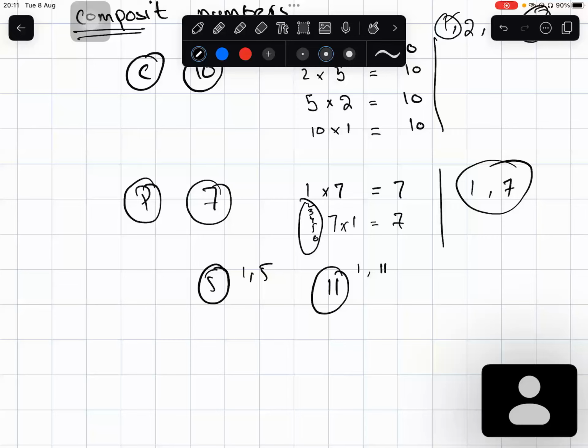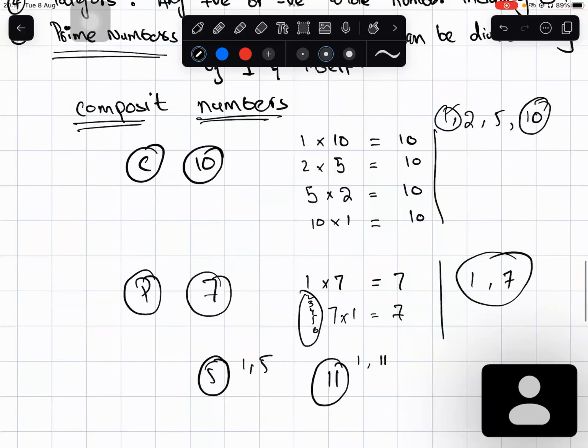And a composite number is like 10, which can be multiplied by 3 or more numbers. Could be 10 numbers, but all that will fall into the category of composite numbers.